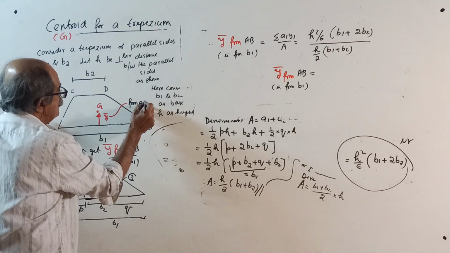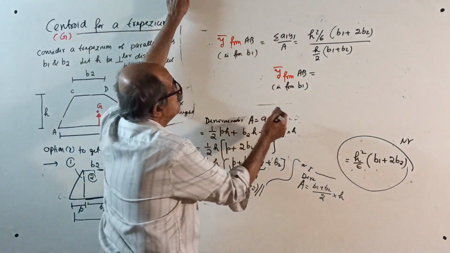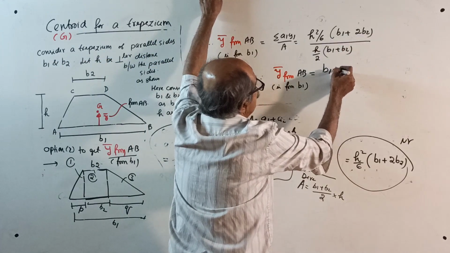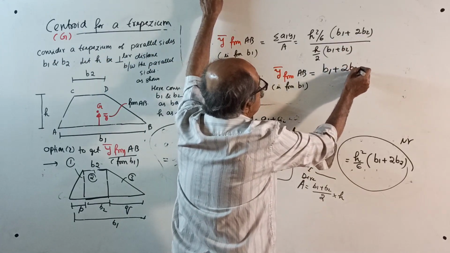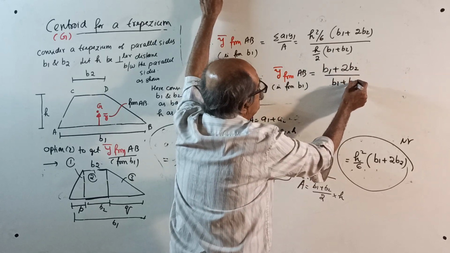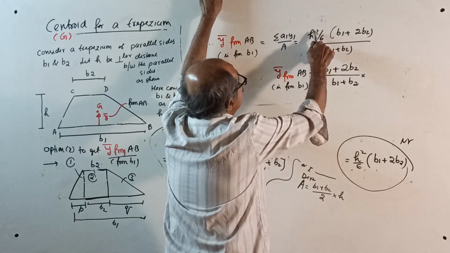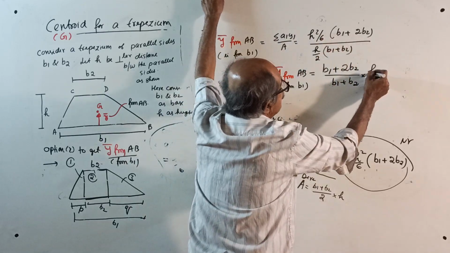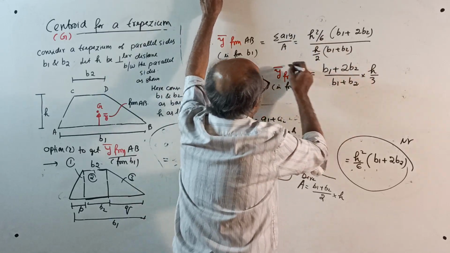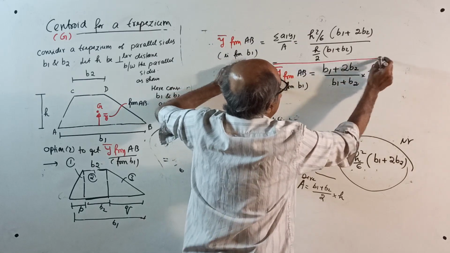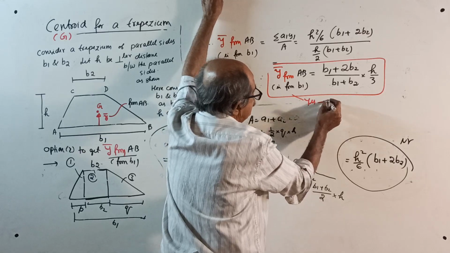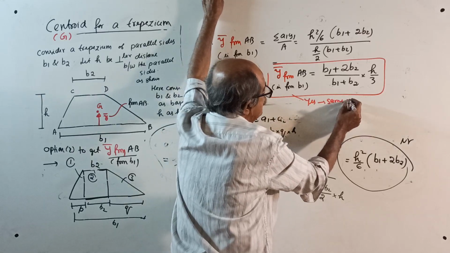B1 plus twice B2 divided by B1 plus B2, into H square by H is H. The 2 will go to the numerator, 2 by 6 is 3. Write the answer here. Same answer, same result.